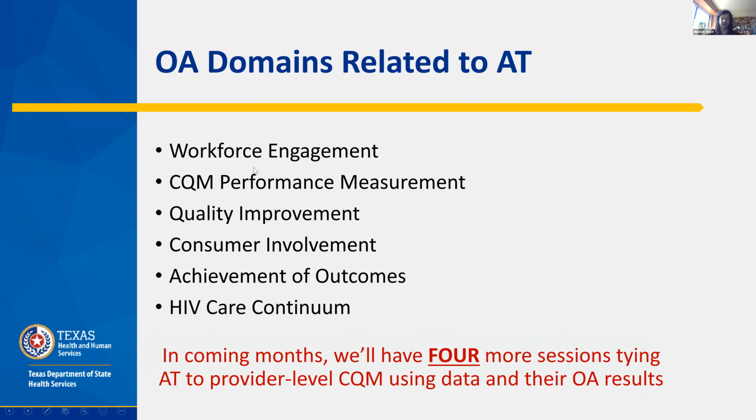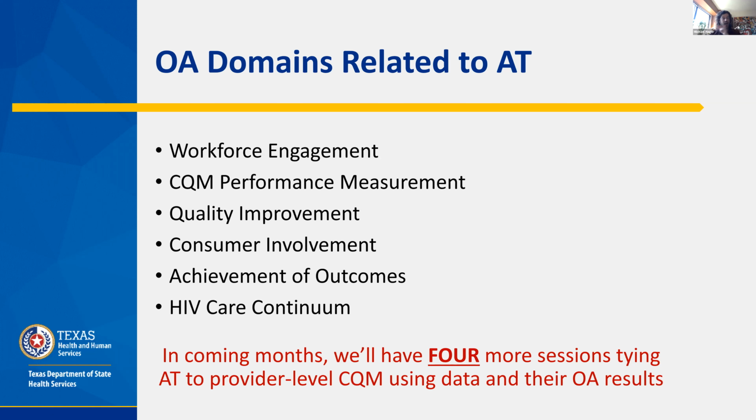So let's take a couple moments and dive in here. As Jamie had mentioned, and I think Julie as well, we're talking right now about the AA level, right? And we've mentioned the provider level, but it's important for us to remember that in this training today, we're really talking about our system and the AA level OA.